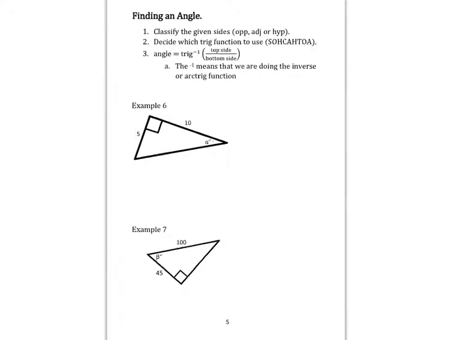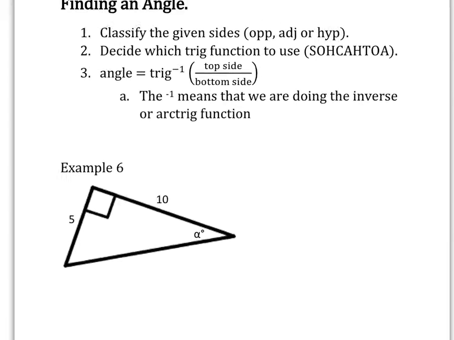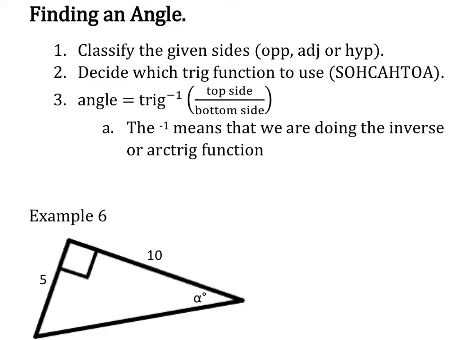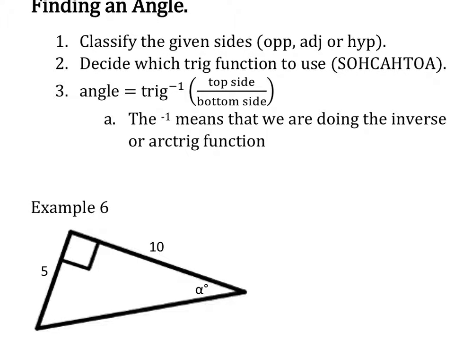Finding the angle is a little different than finding the side. You still classify your given sides as opposite, adjacent, or hypotenuse in reference to the angle you want to find. And then deciding which trig function to use is still the same. You have to look at what they've given you and find which one contains what you have.